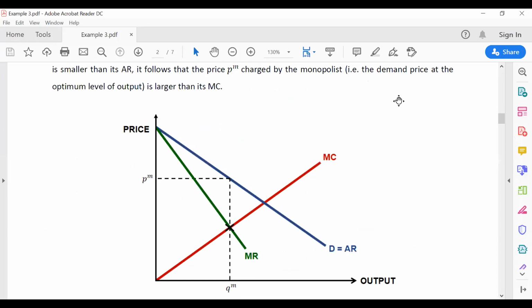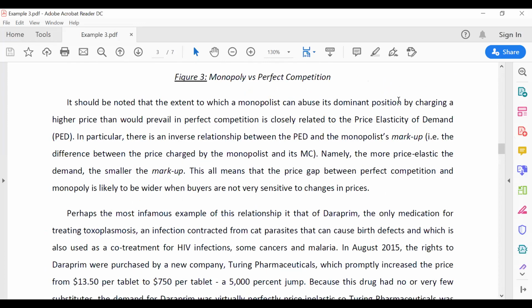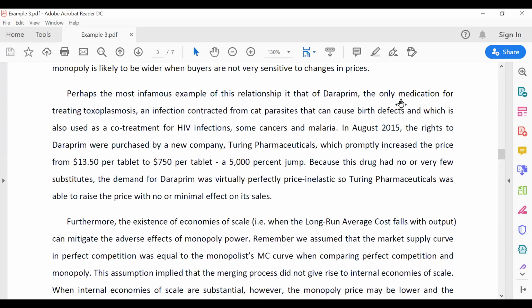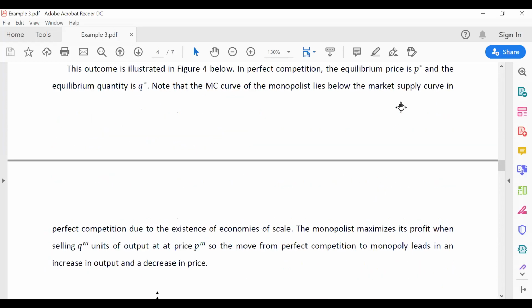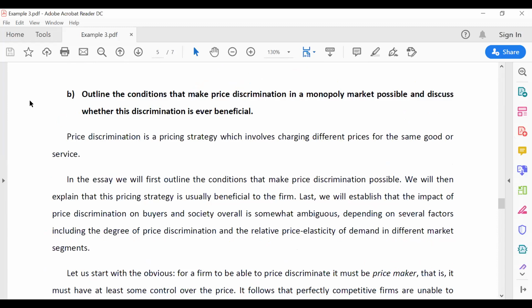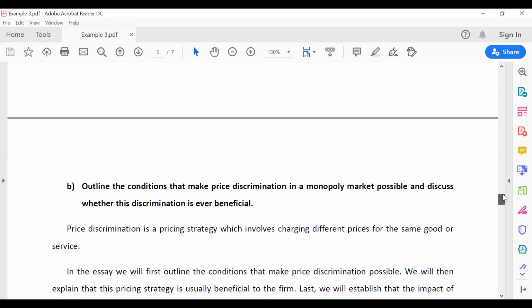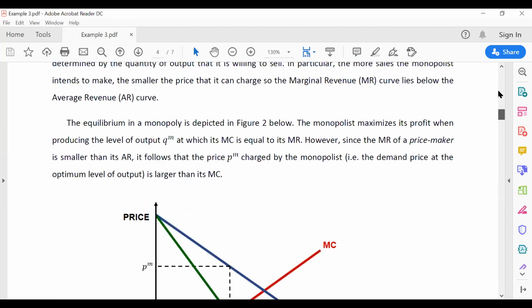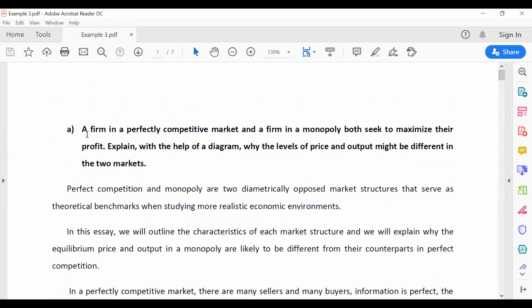So this is part A. It's a very long answer, so don't worry, your students don't have to write such long answers, but it's meant to be comprehensive. And part B, outline the conditions that make, okay, and then this is something that we will do tomorrow, or as soon as we schedule another webinar about price discrimination. But what we did today is summarized in this essay question.